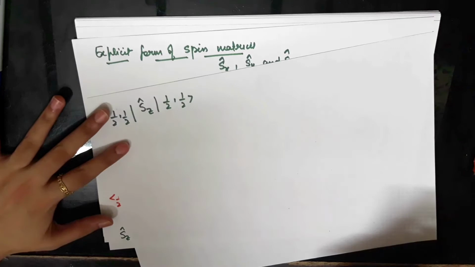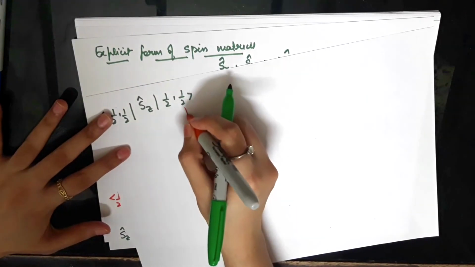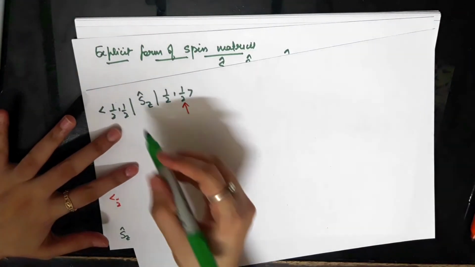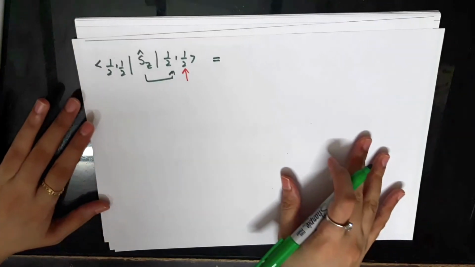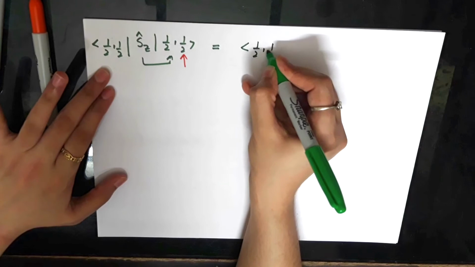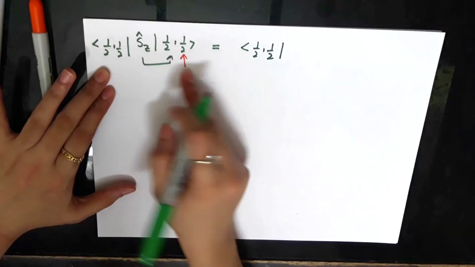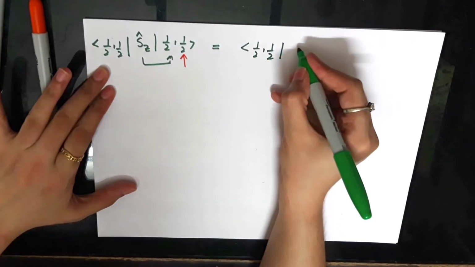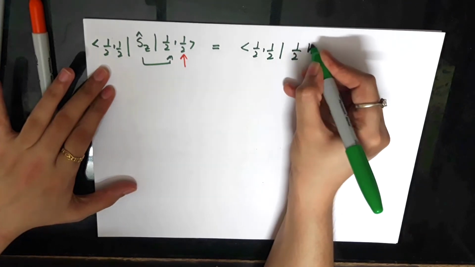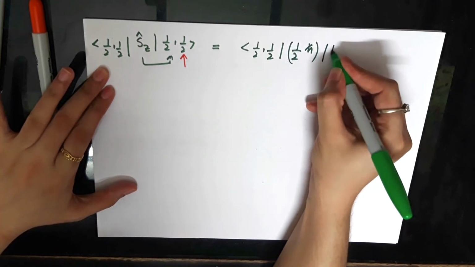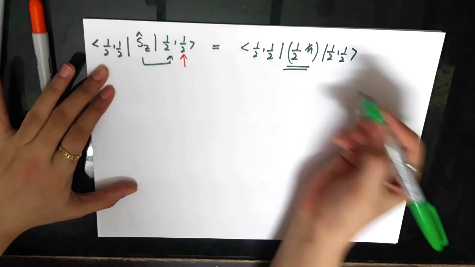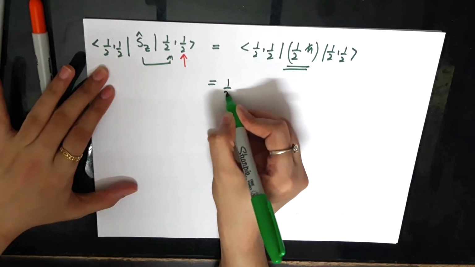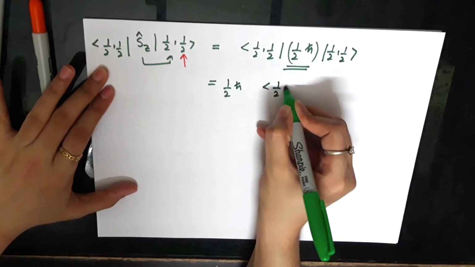Now again I can use Sz acting on a ket S, ms, which would give me the eigenvalue ms h bar, and ms here is plus half multiplied by h bar and the state again. Because this is a constant, I can pull it out, and I'm left with half half.